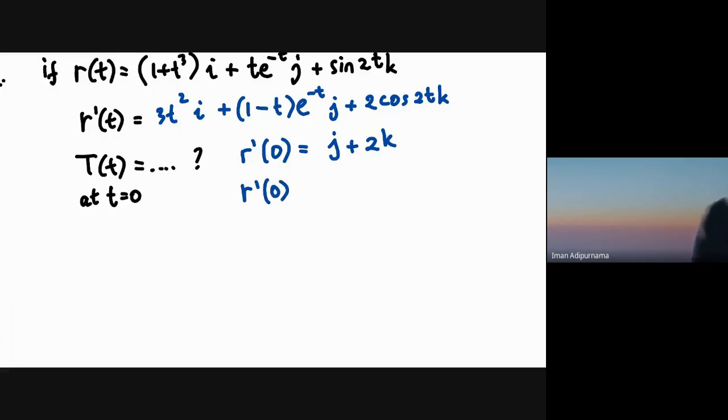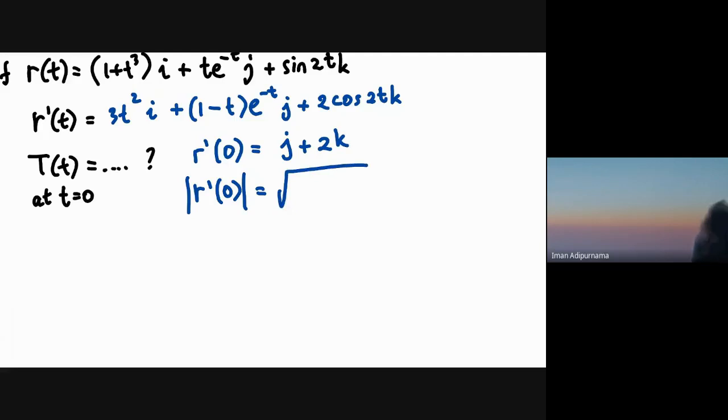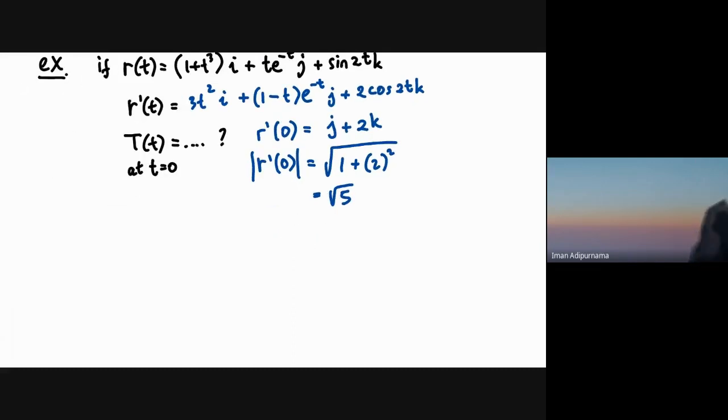And if you want the value, we can write this as the square root of 1 plus 2 squared, and we get the square root of 5. So T will be 1 over the square root of 5 times j plus 2k.